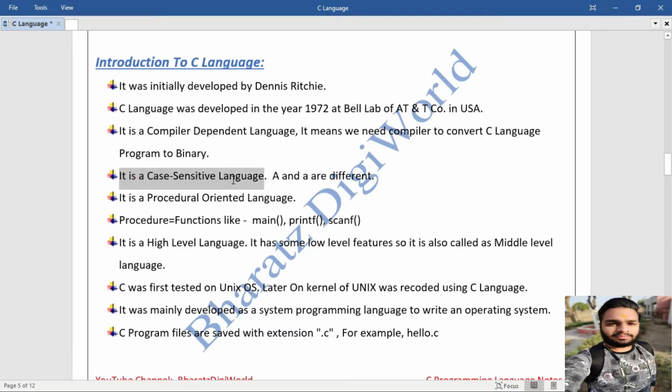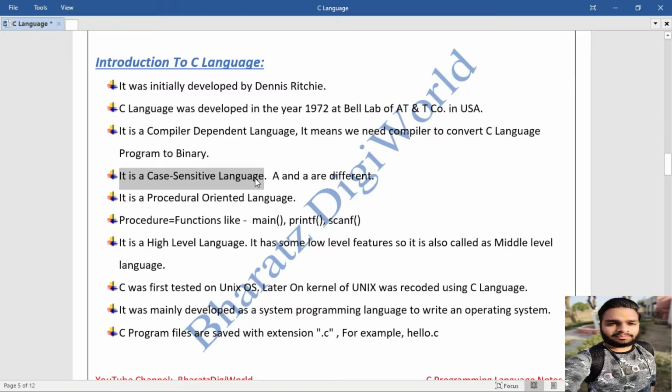C language is a case sensitive language. That means capital A and small a are different. Case sensitive means we have two cases in our English language, that are uppercase and lowercase.